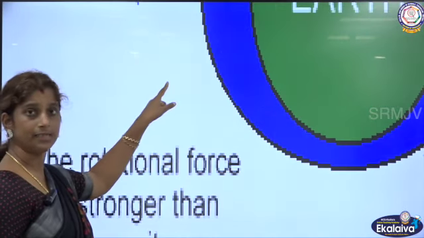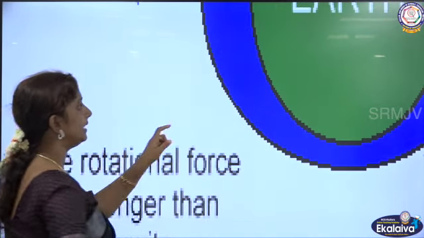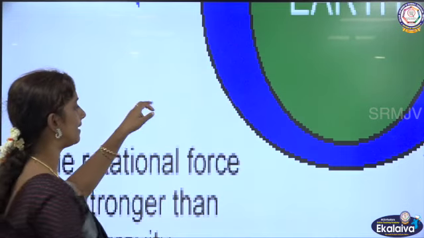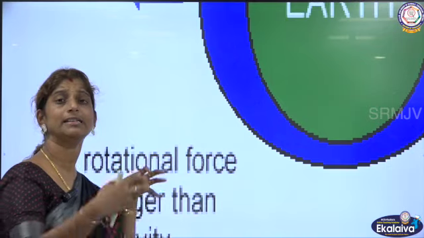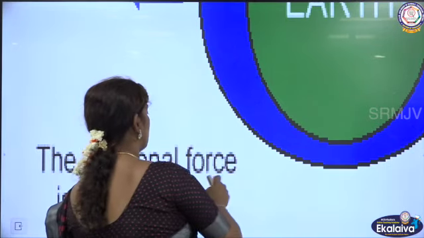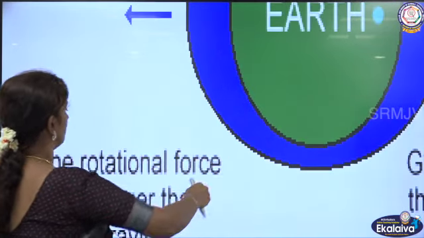This side of the earth's surface, the ocean part of this surface, is facing the distance from the moon, right?